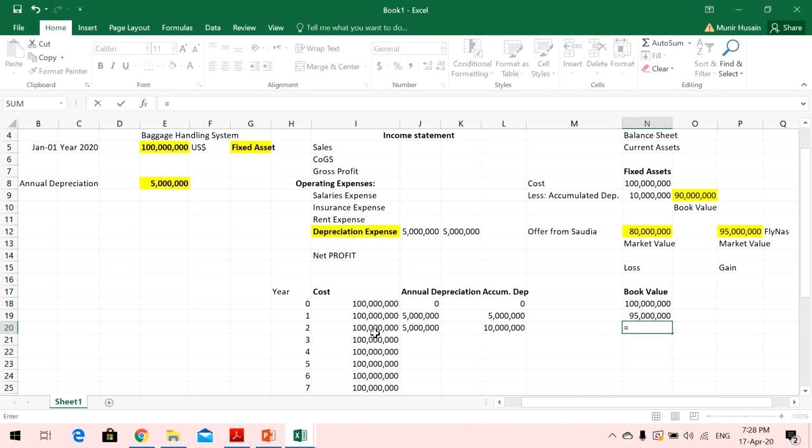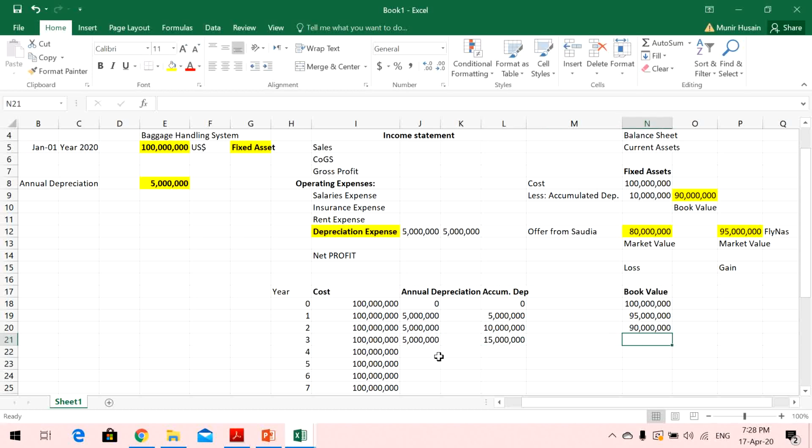Book value is cost minus total or accumulated depreciation, 90 million. Similarly for the third year, annual depreciation is the same. Total depreciation is the total of these 3, so 15 million. What is the book value?